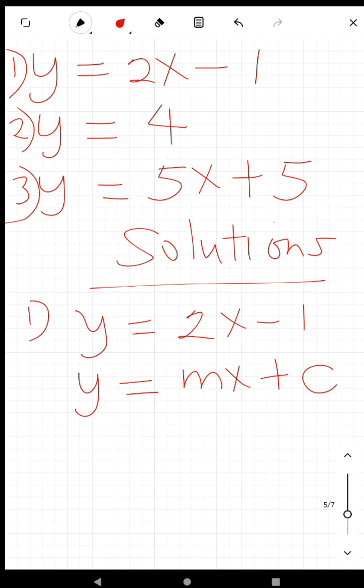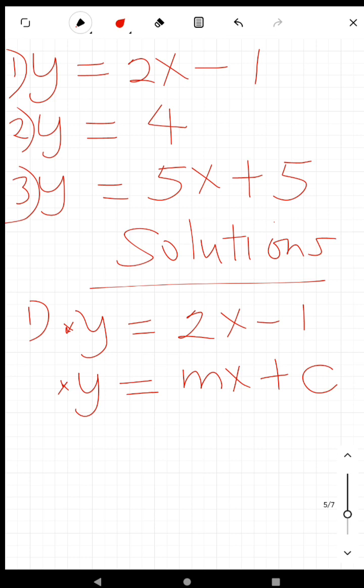Does this look alike? You can see that this and this look alike because the coefficient of y is 1. What do I mean by coefficient of y? What is multiplying the y? 1. So they look alike on the left-hand side. Let's go to the right-hand side.